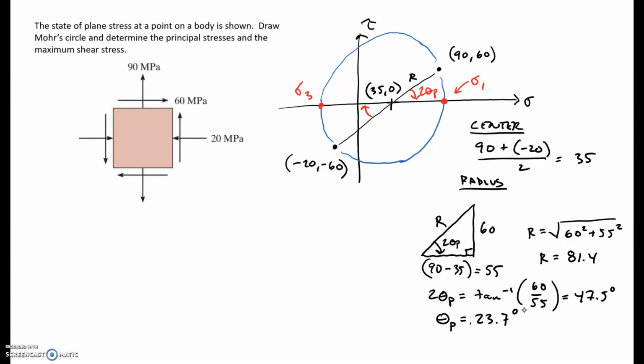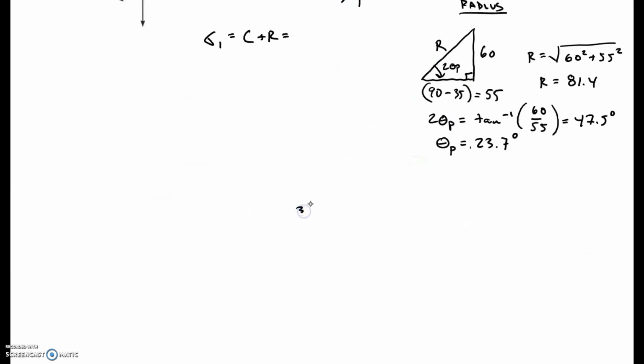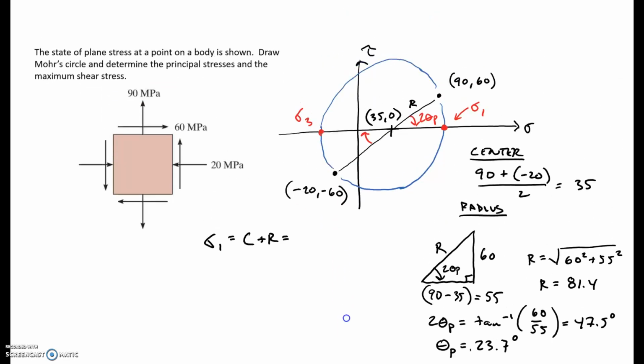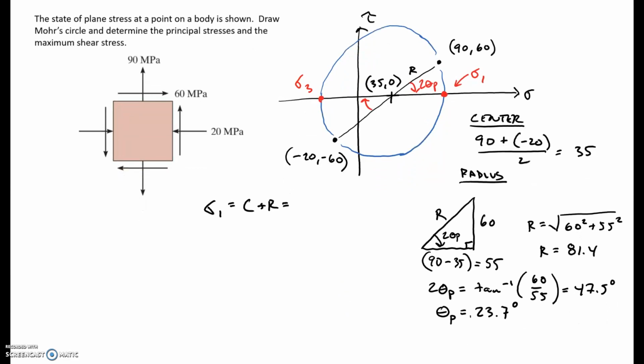As far as the principal stresses, sigma 1 would be the center coordinate plus the radius. That's 35 plus 81.4.